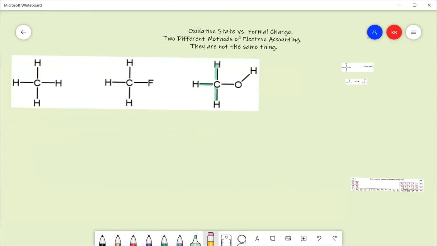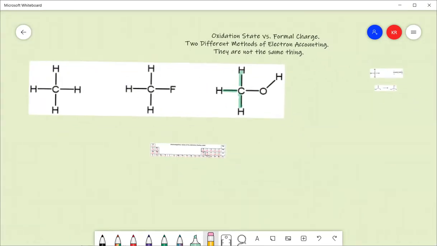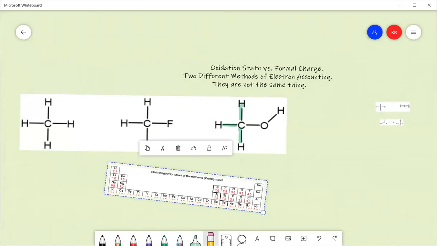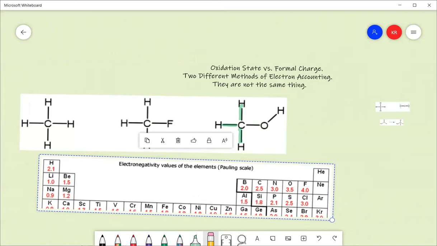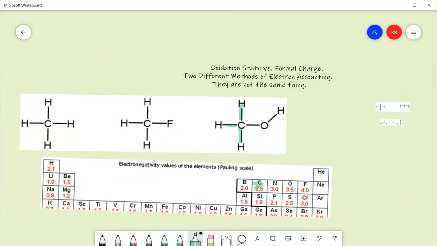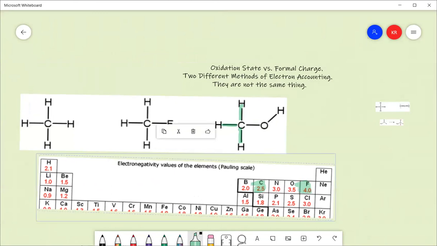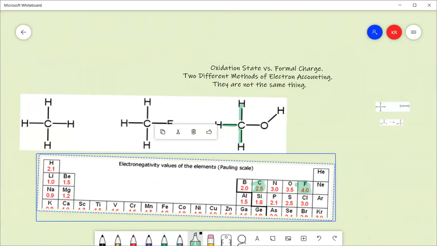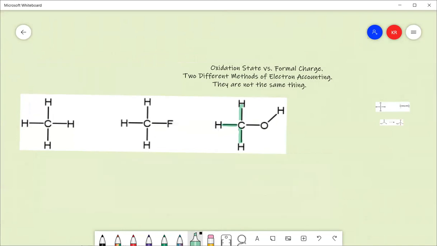methyl fluoride? Let's go back and have a look at our periodic table and consider the relative electronegativities. So here we have carbon at 2.5 and fluorine at 4. So I am going to assign the electrons between the carbon and fluorine bond to the fluorine. Let me just get rid of this because I don't need it anymore.